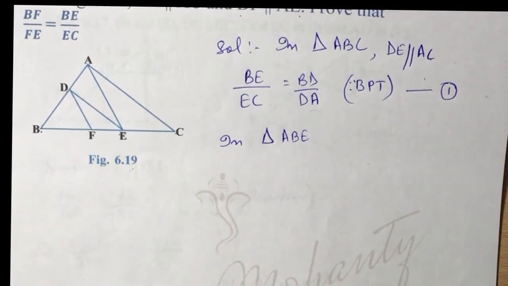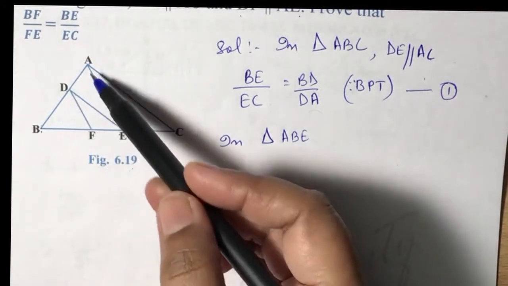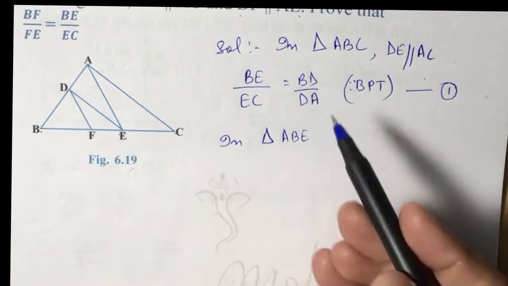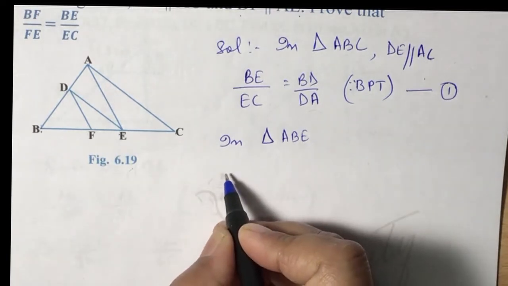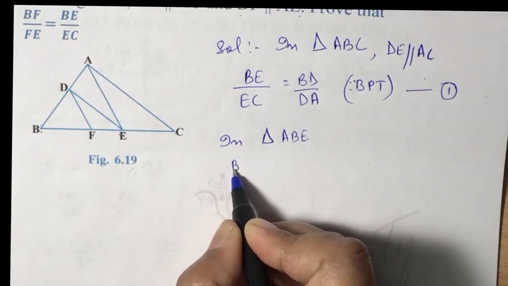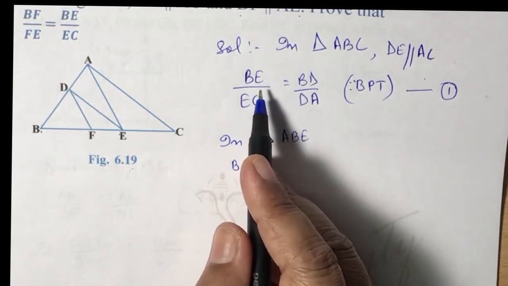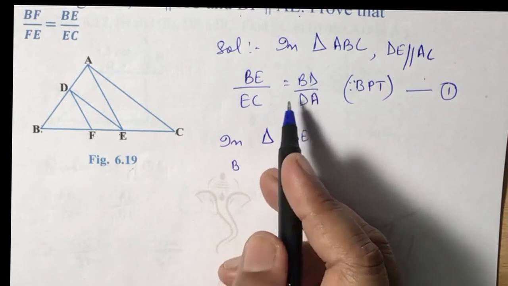As per the figure, it is given DF is parallel to AE. So I can write BF or BE. Let's write, because I want to make this side. No, this side will not be equal. This one will be equal.